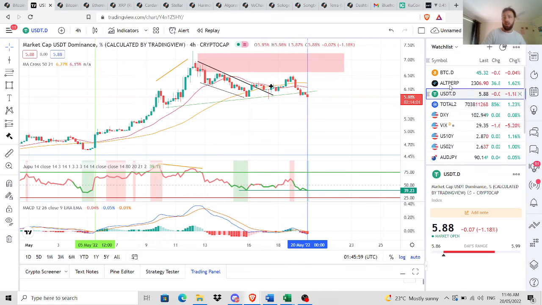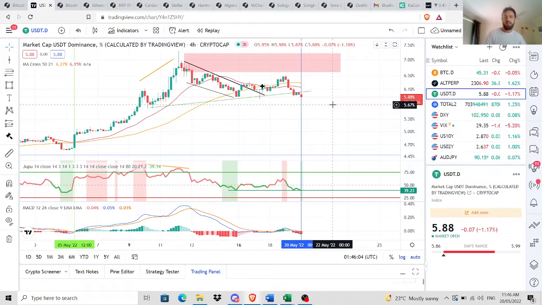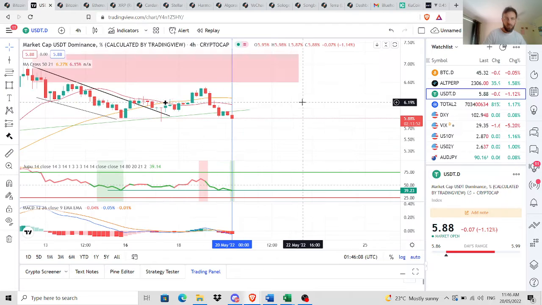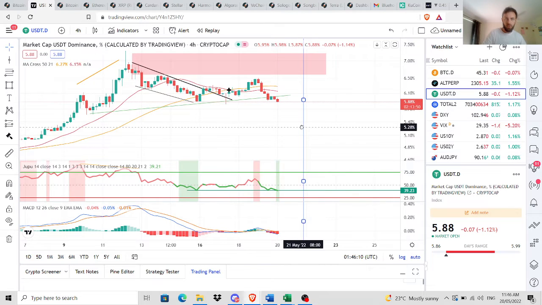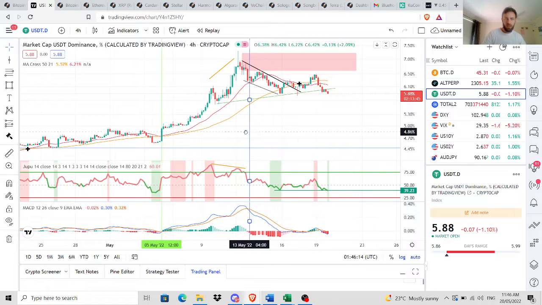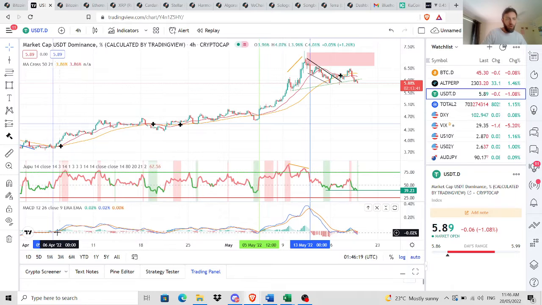Now looking at the US dollar, this is Tether, the stable coin for the market. We're in this bull phase.